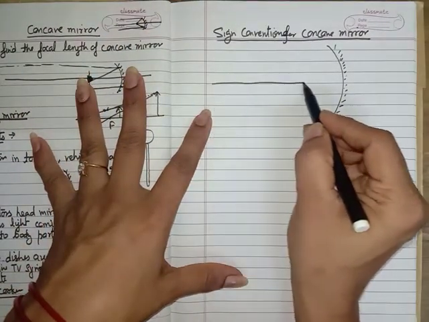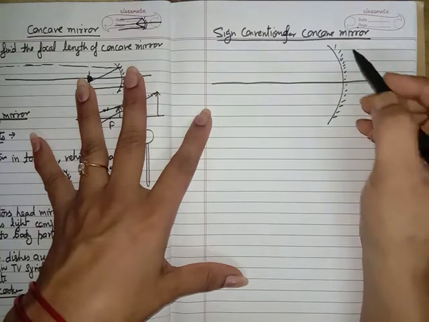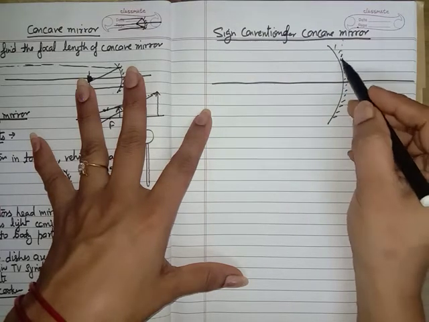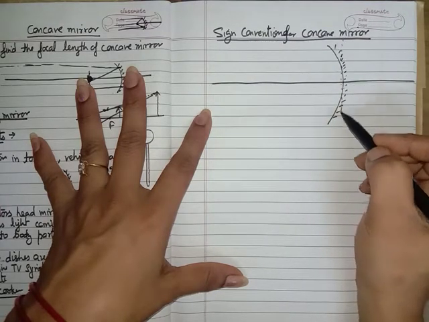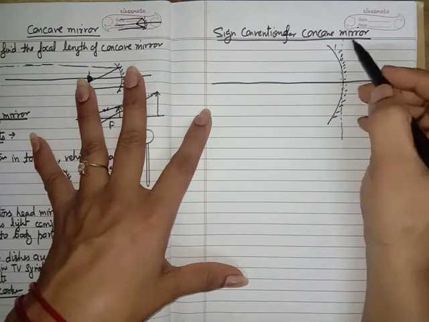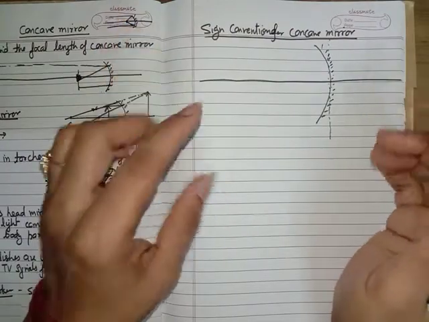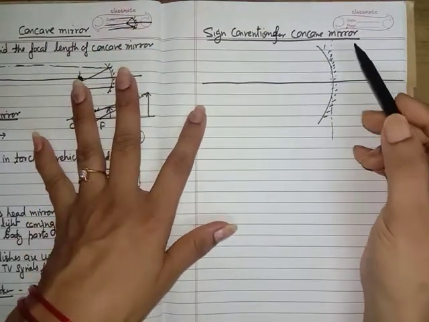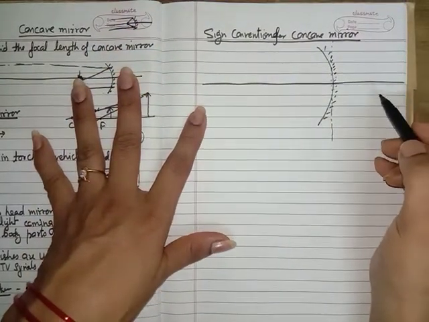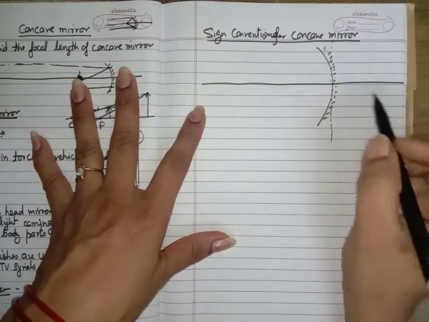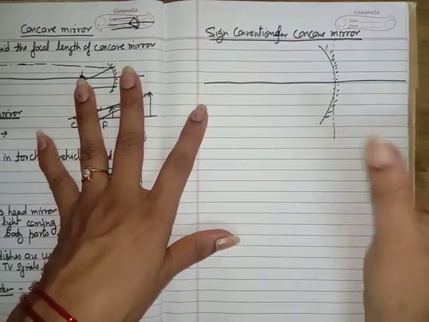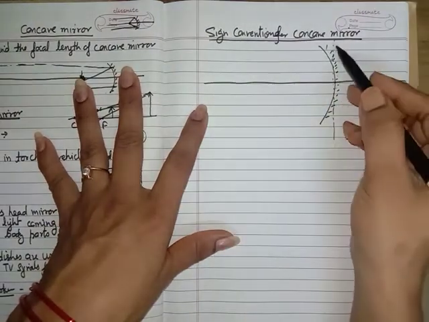What about the sign convention? It's very easy. In mathematics, you have seen the x-axis and the y-axis. Like those axes, we can easily understand how sign conventions work in the concave mirror. Suppose this is the x-axis and this is the y-axis.